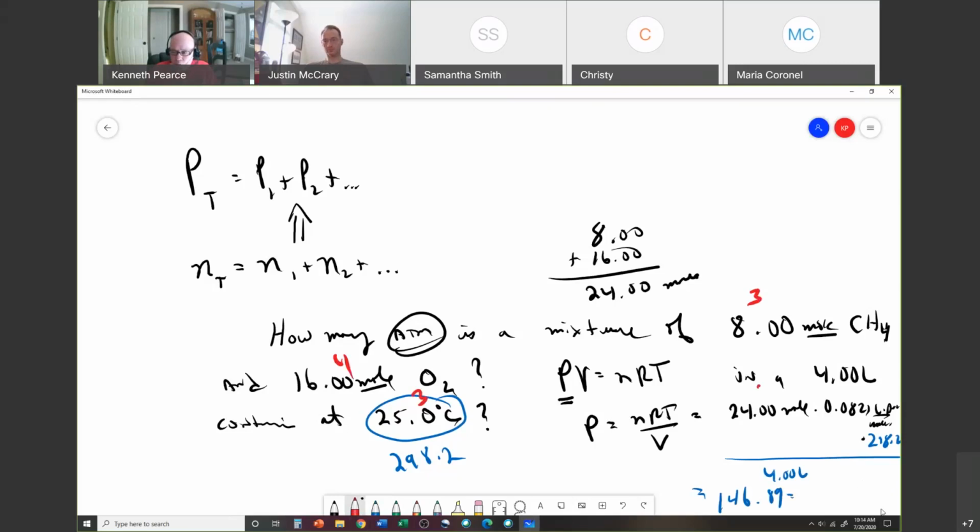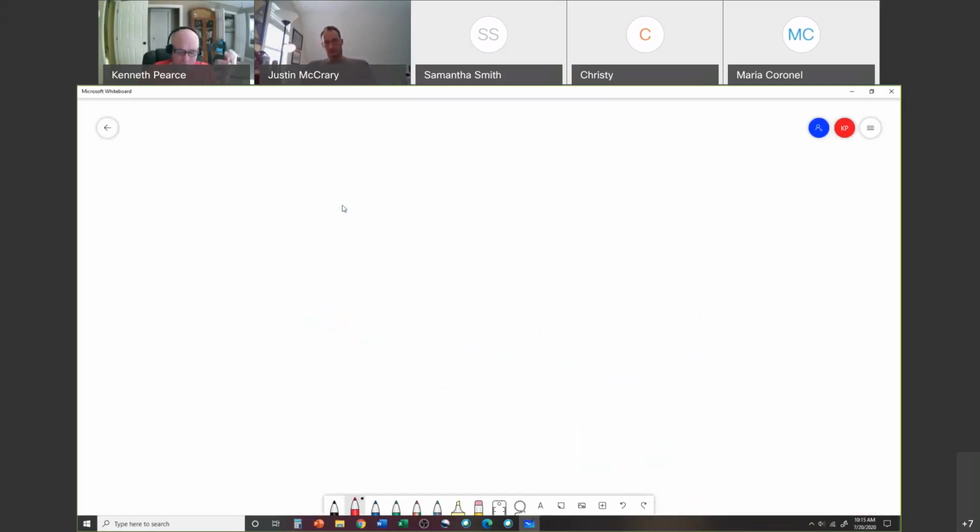There's 4 over there. So I think we should go with 3 sig figs, don't you think? 147 ATMs. Very high pressure, 147 ATMs. So that basically is how that works out. So what's another way that you can see something like this as far as a Dalton's law problem goes? We can start with grams. So we can say, what is the total pressure?